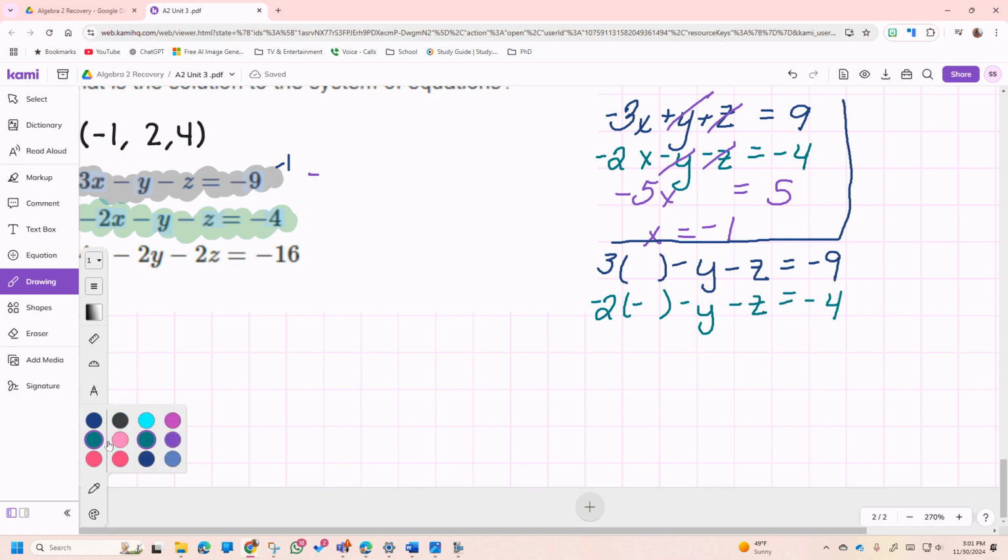And then my last one: 4 times -1 minus 2y minus 2z equals -16. So each of those where you see parentheses, I'm going to plug in my -1 and then just simplify the equation.